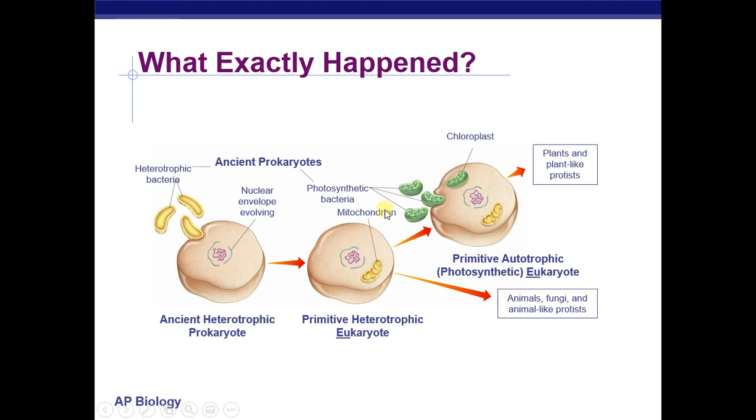Modern chloroplasts arose from ancient prokaryotic cells that had evolved photosynthetic abilities and had likewise become engulfed by these primitive heterotrophic eukaryotes and turned into all plants and plant-like protists. So chloroplasts and mitochondria are two organelles that used to be, in ancestral times, separate prokaryotic cells.